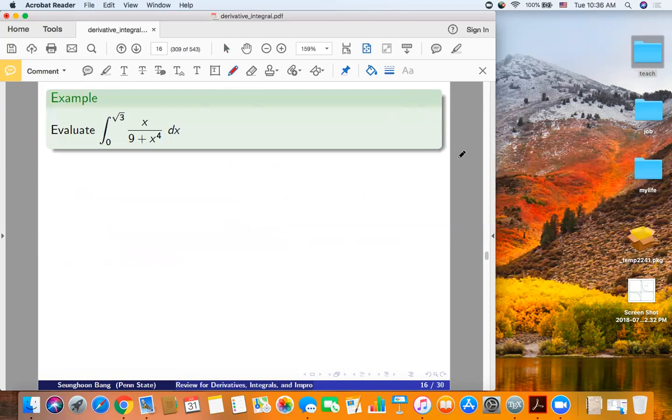Which method? Integration formula, u substitution, trigonometric substitution, partial fractions. Do you have any idea?